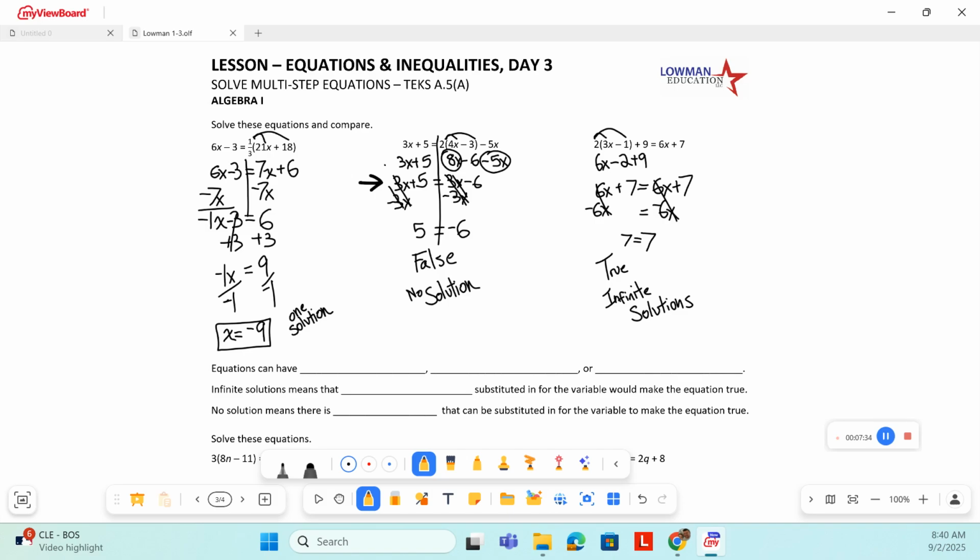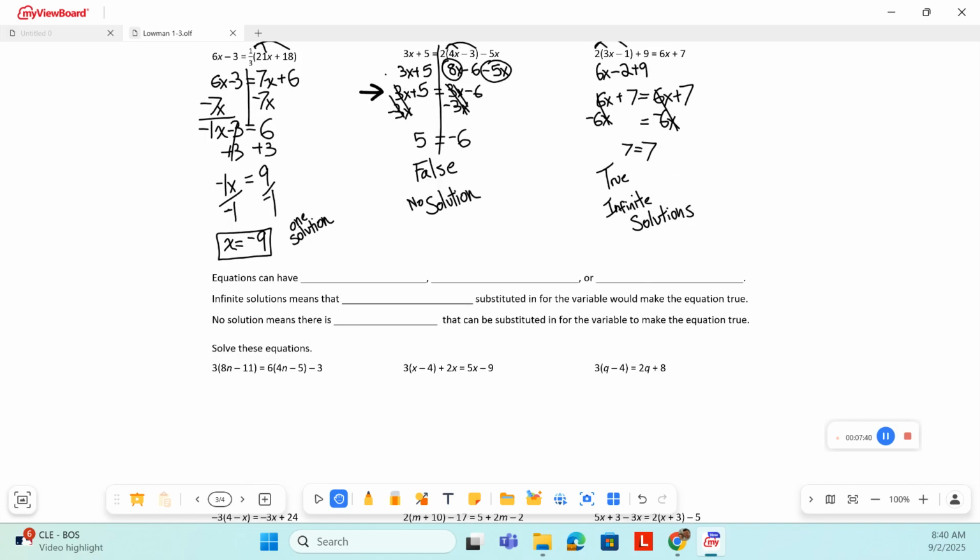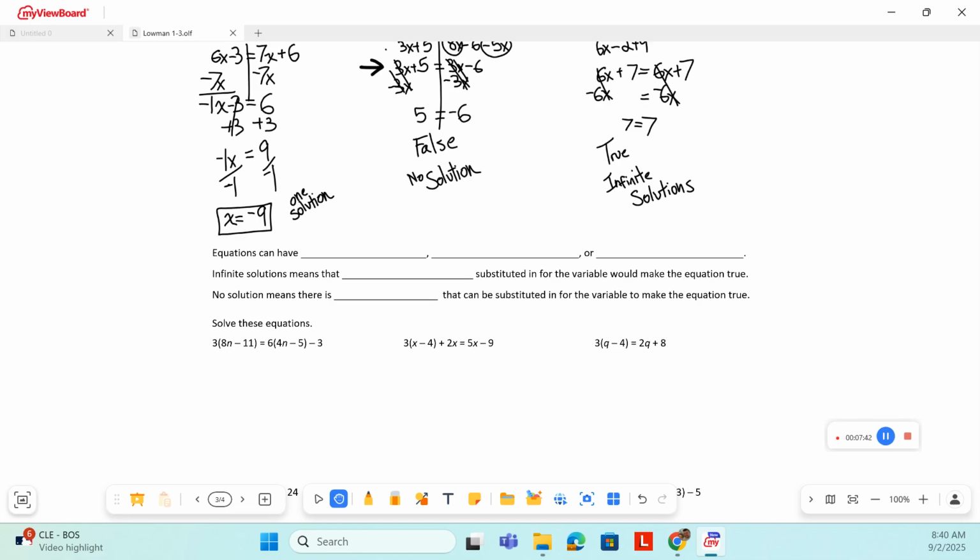So, looking down here at our information, we're going to fill in, because equations can have infinite, 1, or no solutions.